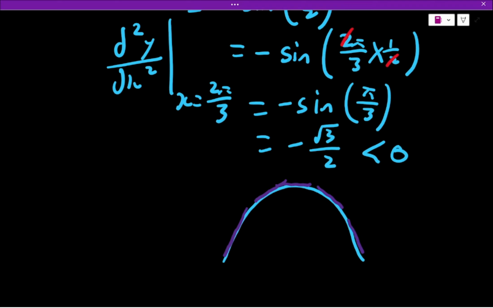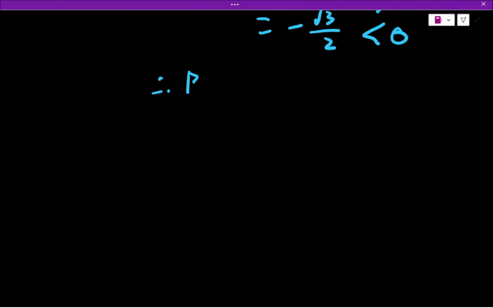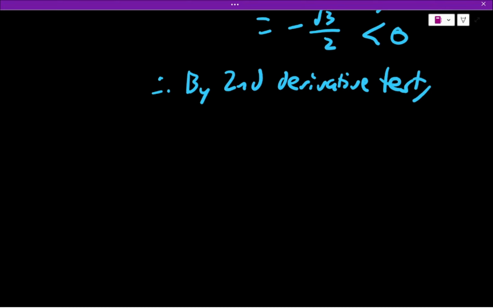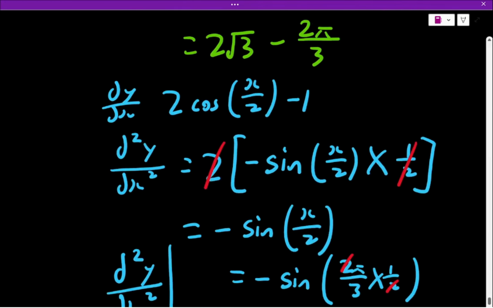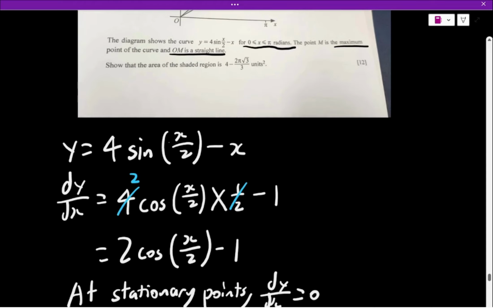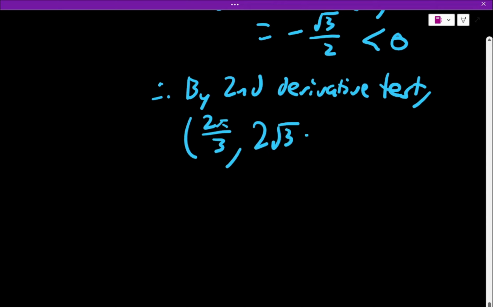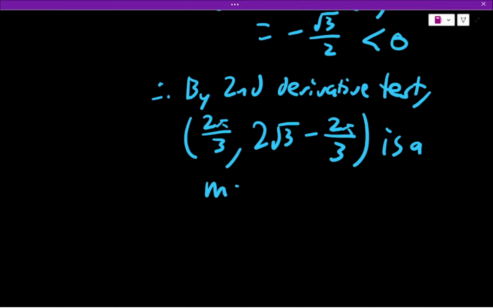So therefore, by the second derivative test, you got 2 pi over 3, and then after that it's going to be 2 root 3 minus 2 pi over 3. 2 root 3 minus 2 pi over 3 is a maximum point.